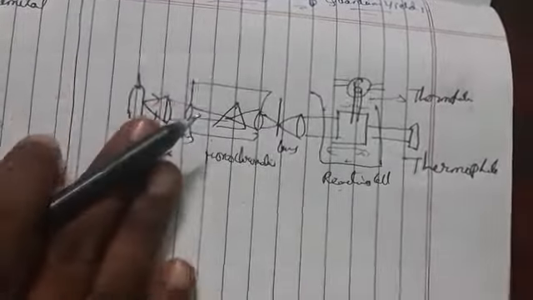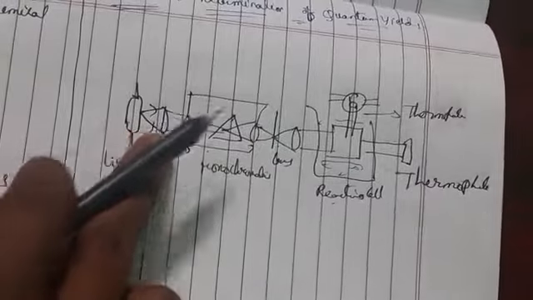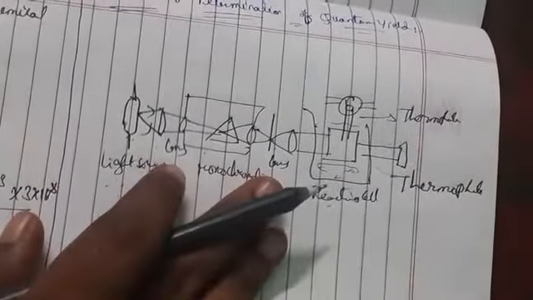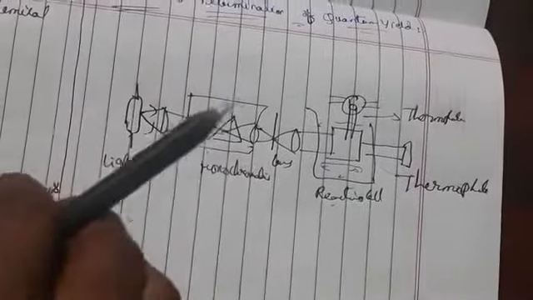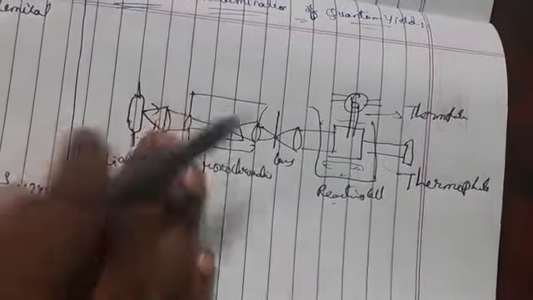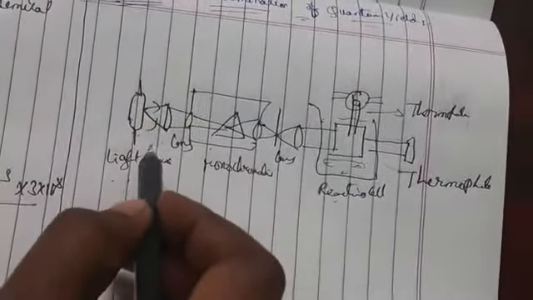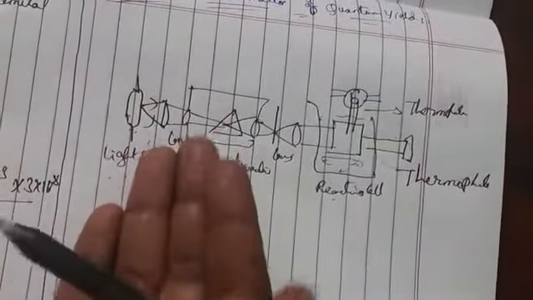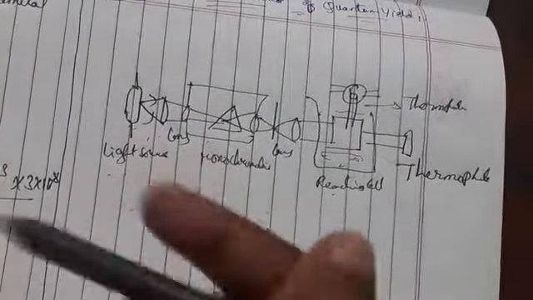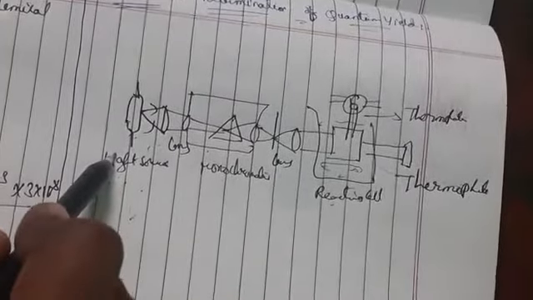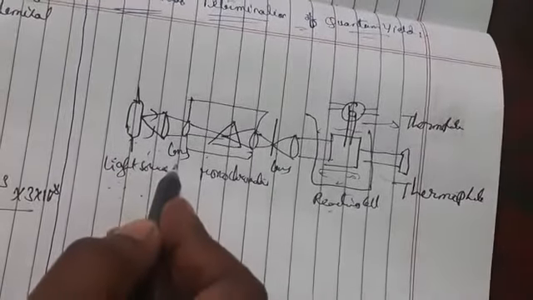It is the common source of light. A mercury vapor lamp we are using, or we can use iron and carbon arcs in some cases, or metal lamp filaments also. So the light source emits radiation of suitable intensity in the desired range.